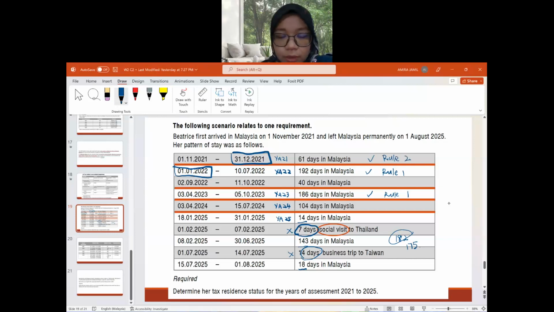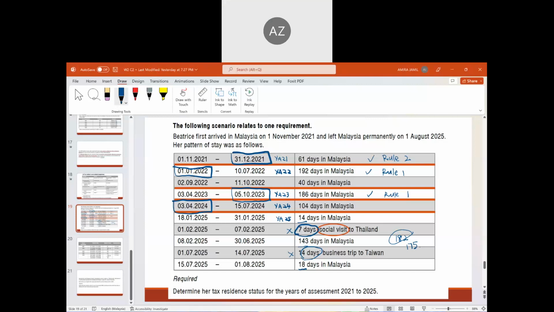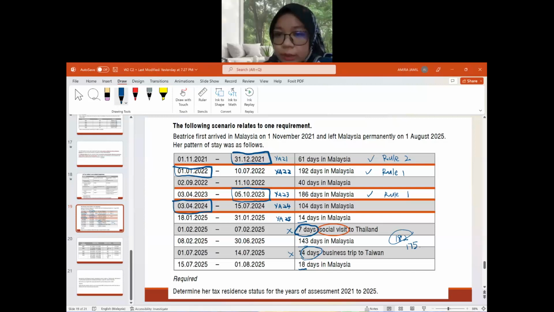And for this one, YA 23 and YA 24, is it connected? This one and this one? No. It's obviously not connected. October until April. So there's no rule number 2 here, and this one is not connected to anything.